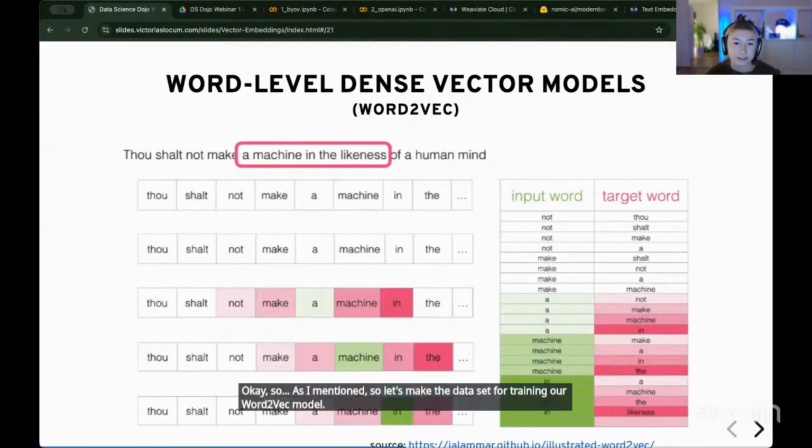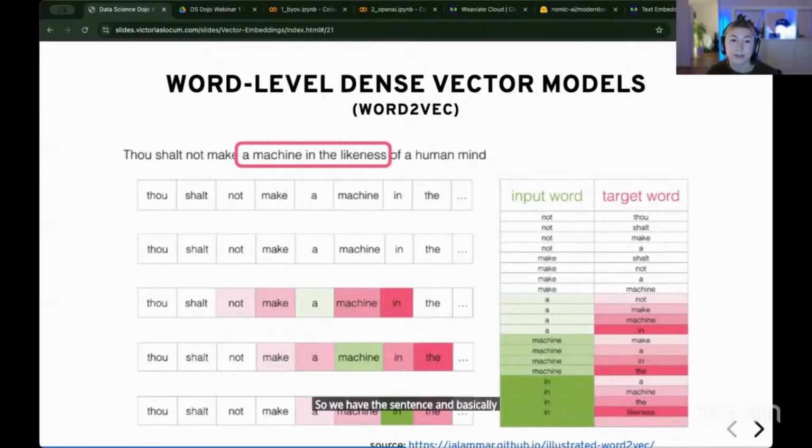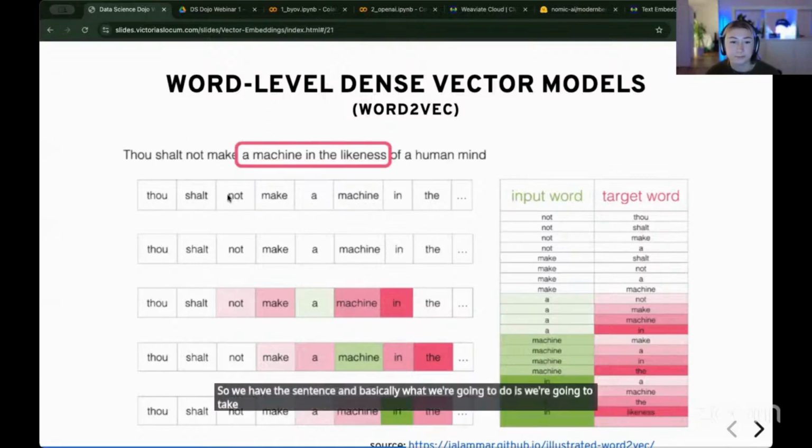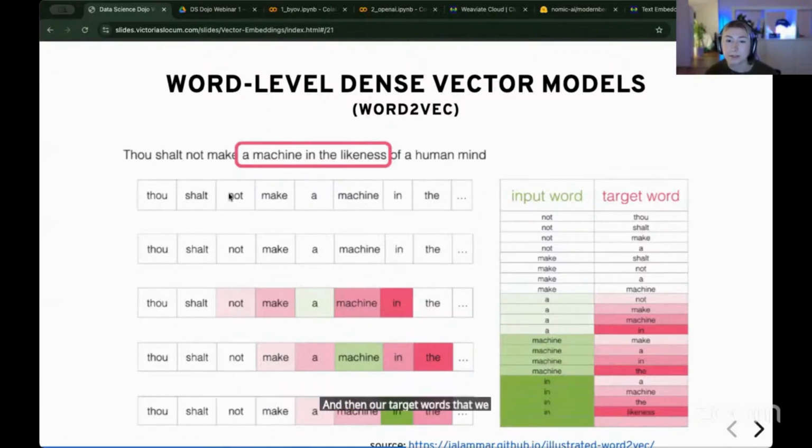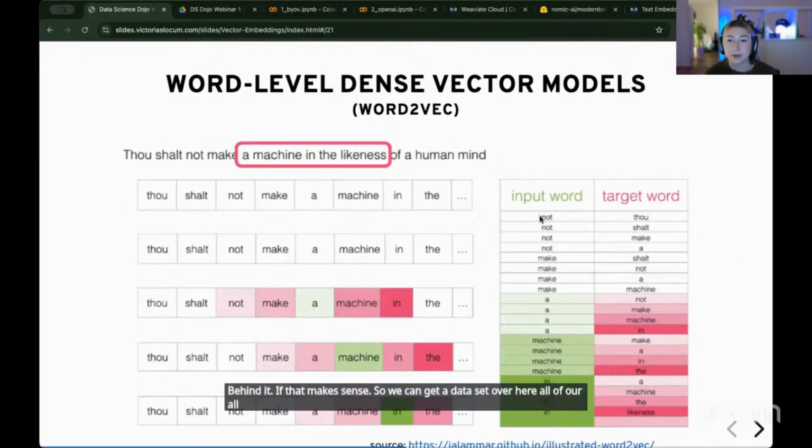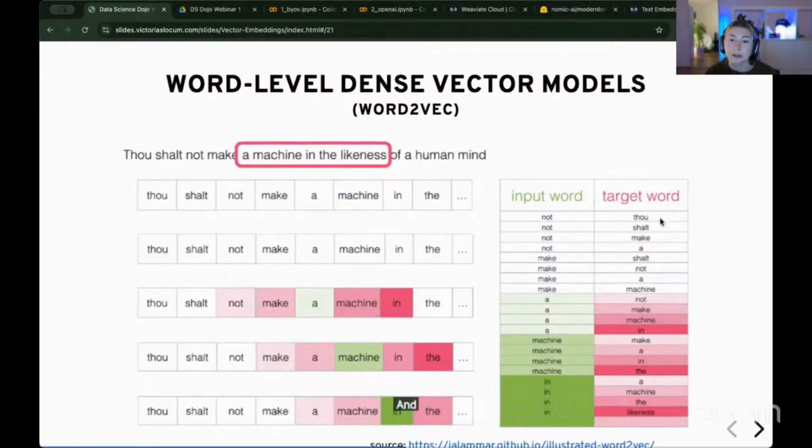We have the sentence, and we're going to take an input word, and our target words, which we use to score how close the model got, are the two words in front of it and the two words behind it. So we can get a data set of all our data. "Not" is an input word, and that's a target word, what we want the model to predict. For every input word, we get four target words.